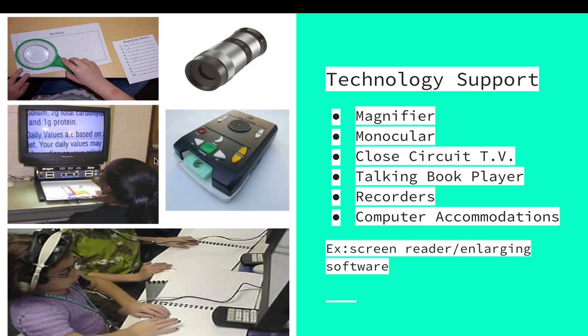A closed circuit TV actually allows the student to put a paper or text under a camera, which is then displayed on the computer screen in large font and a legible color. The student can also adjust the zoom lens to enlarge the text or image to the desired size.